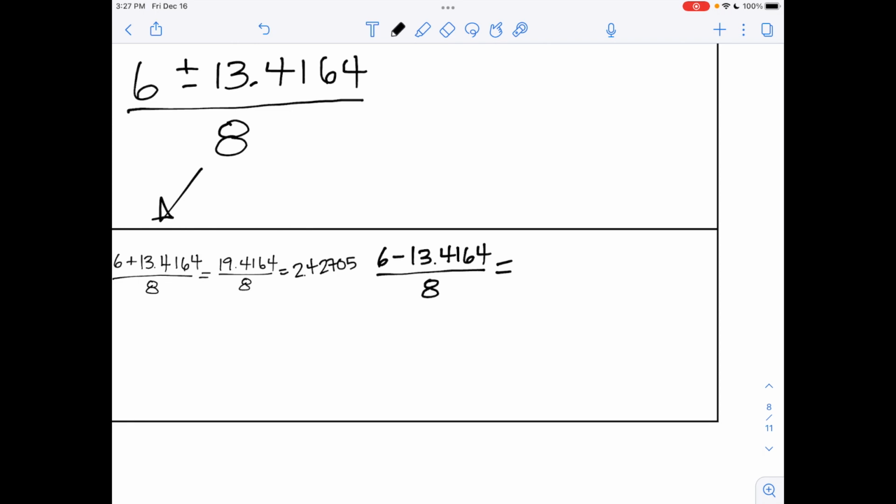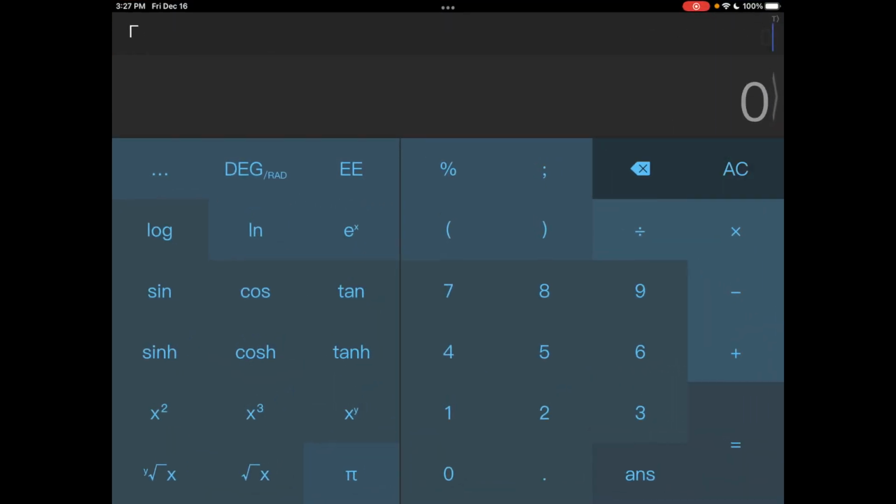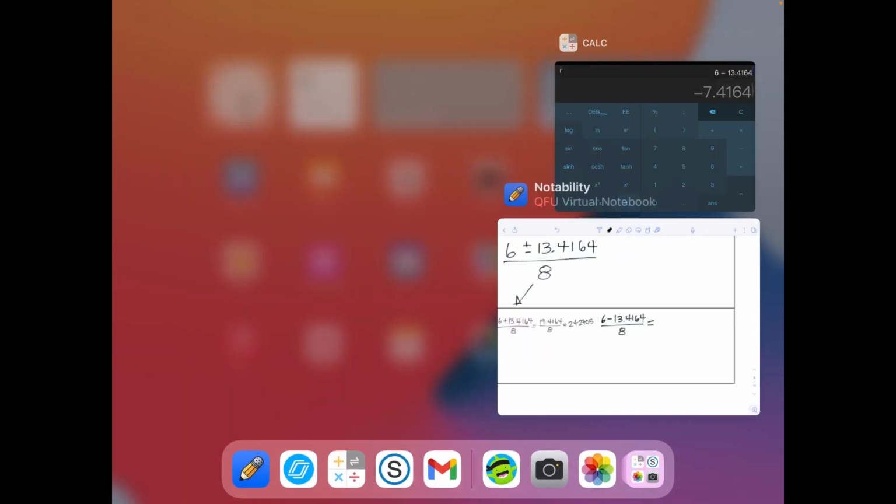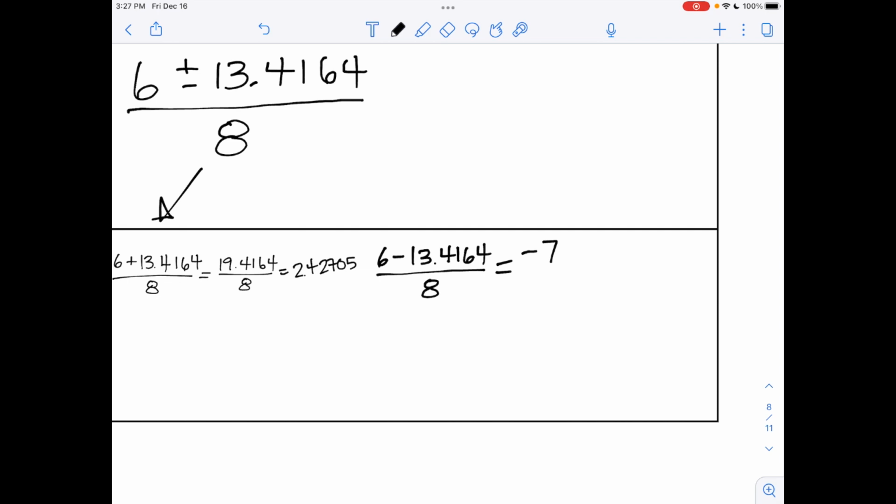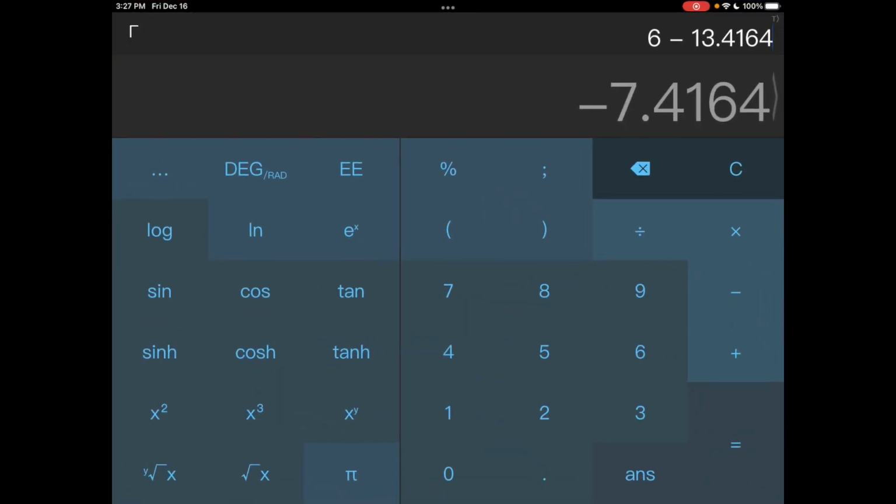All right, 6 minus 13.4164 is negative 7.4164. Over 8 is negative 0.92705.